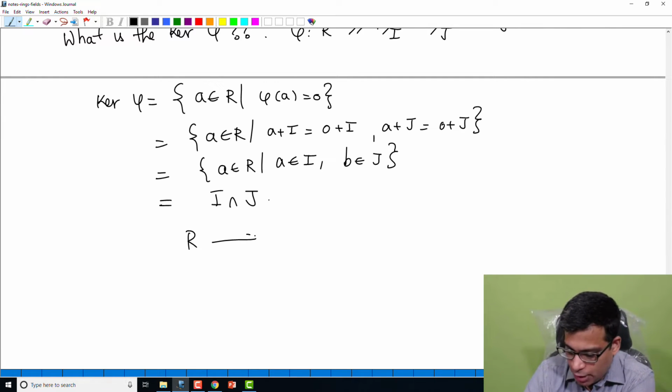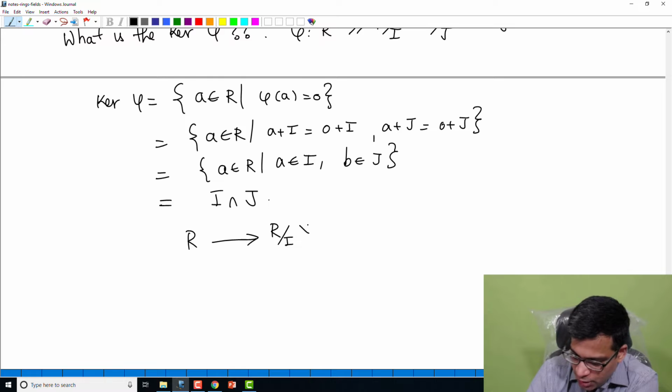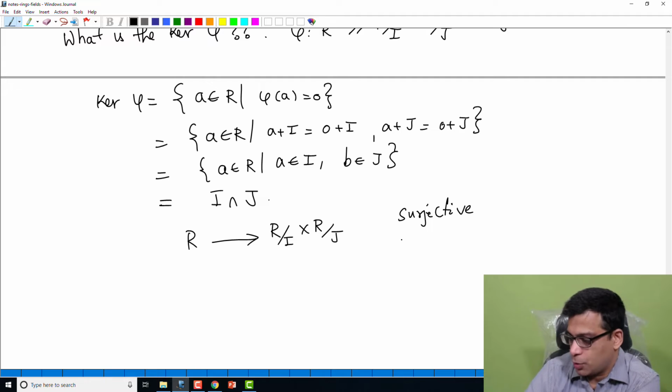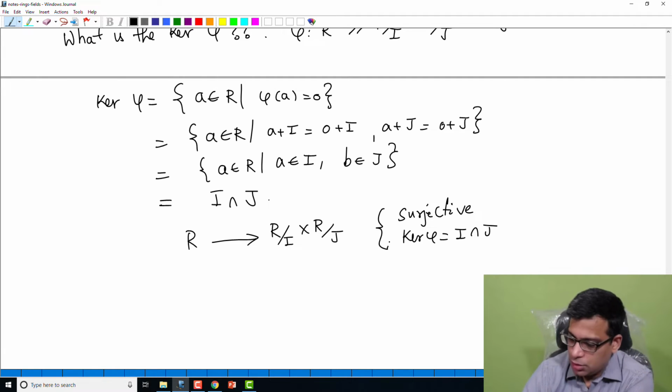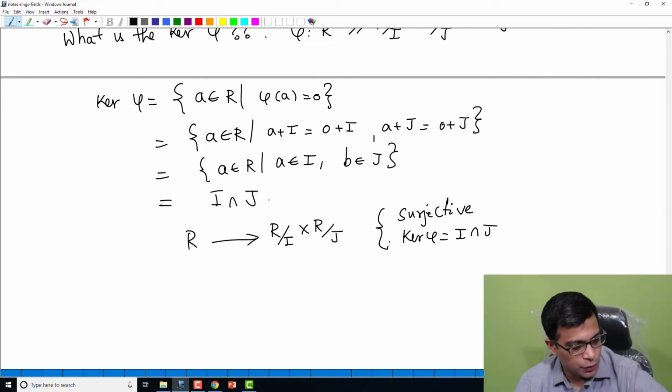So, we understand now everything about this map from R to R mod I cross R mod J. This is surjective, that means the image is all of R mod I cross R mod J, and the kernel is I intersection J. Okay, so this is a useful problem to keep in mind.